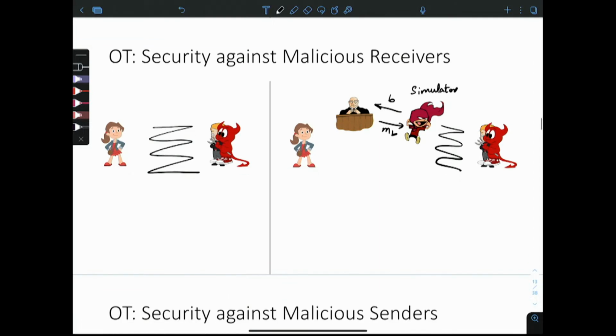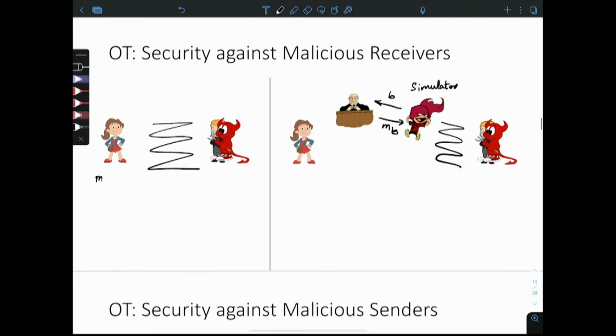Now, given this information, the simulator's job is to generate a state, or a view, for Bob that is indistinguishable from Bob's view in his interaction with an honest Alice, where Alice had messages M0, M1. Bob is arbitrarily adversarial, so he does anything he likes in this protocol, behaves arbitrarily.